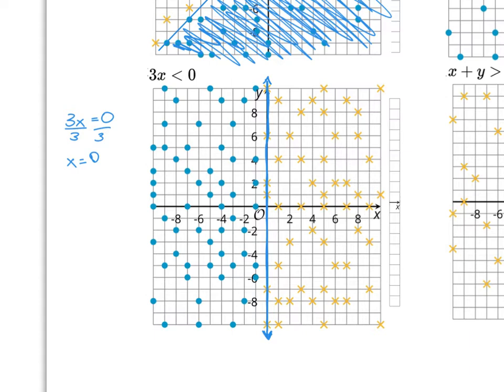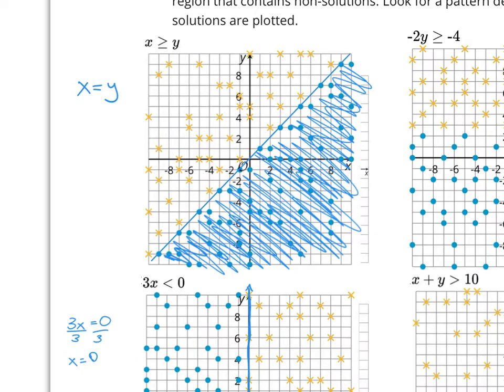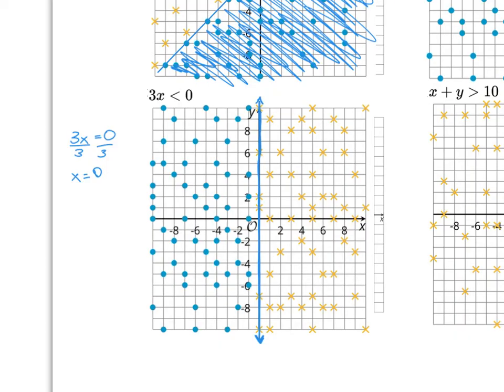And we do that by using a different type of line. Just like on a number line, we use an open circle to indicate that a point is not part of the solution, and a closed circle to indicate that it is part of the solution. We use a solid line when we want to say that the numbers that fall on the line are solutions, and when we want to say that they are not solutions, we're going to use a dashed line. So that's going to look like this.